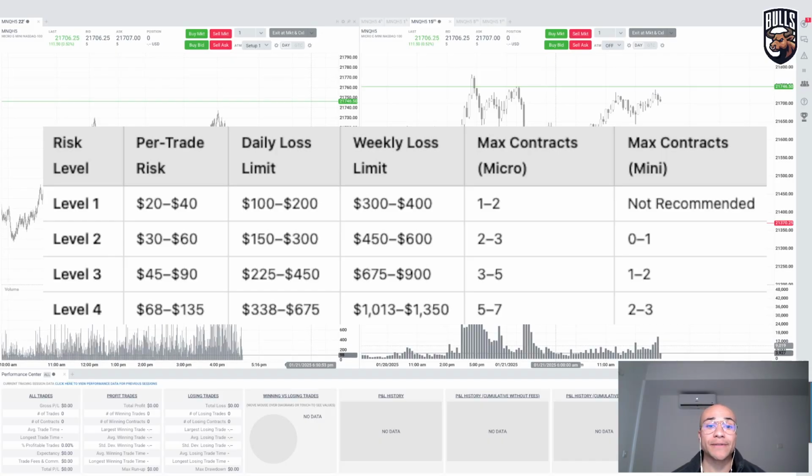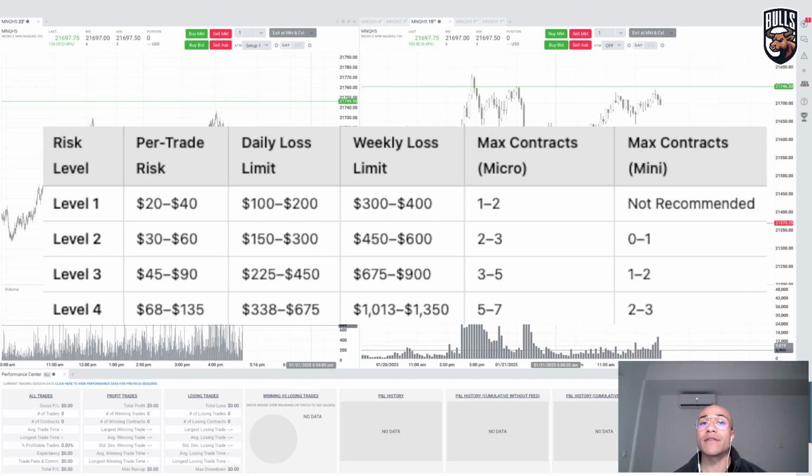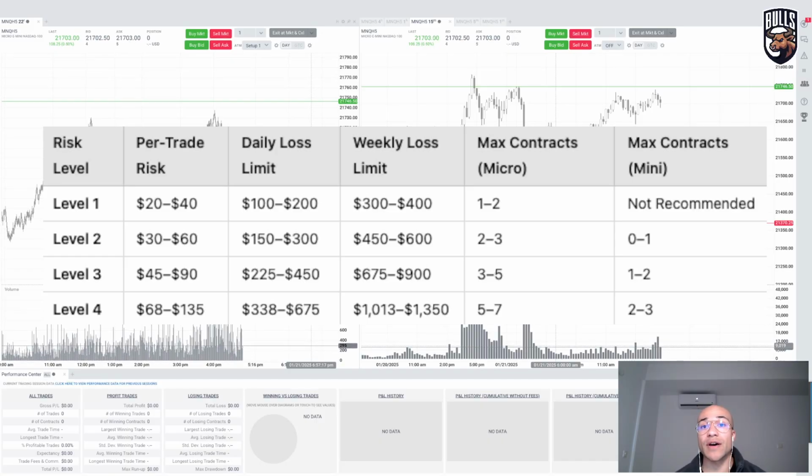And you can see here, I have different risk levels defined. Risk level 1 is the beginner category. So if you are starting out as a beginner, you should be risking no more than $20 to $40 per trade and $100 to $200 on a day. That is essentially 5 to 10% of risk on a day based on the $2,000 drawdown that you have.